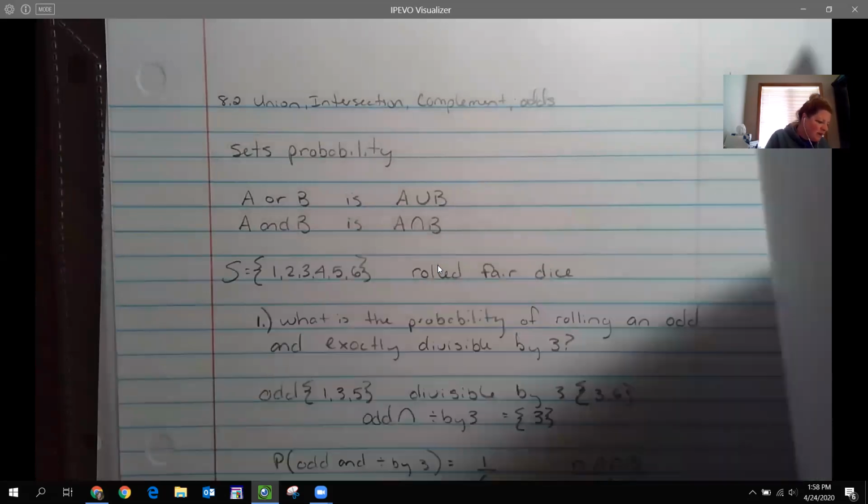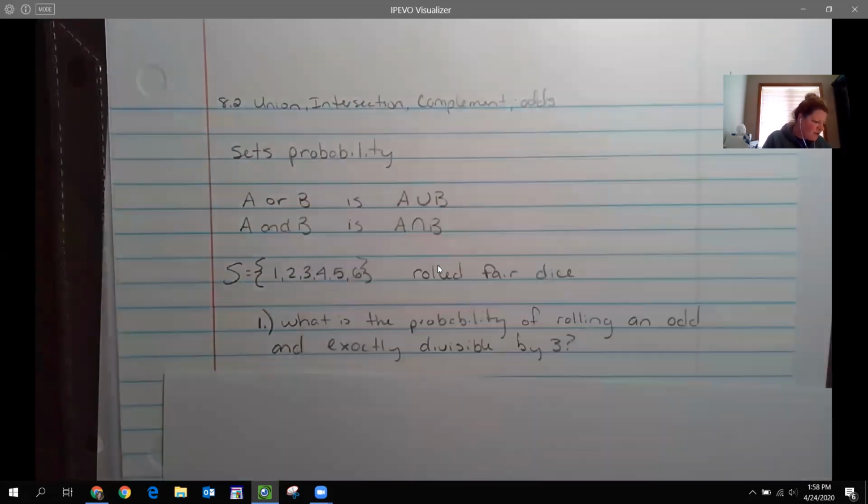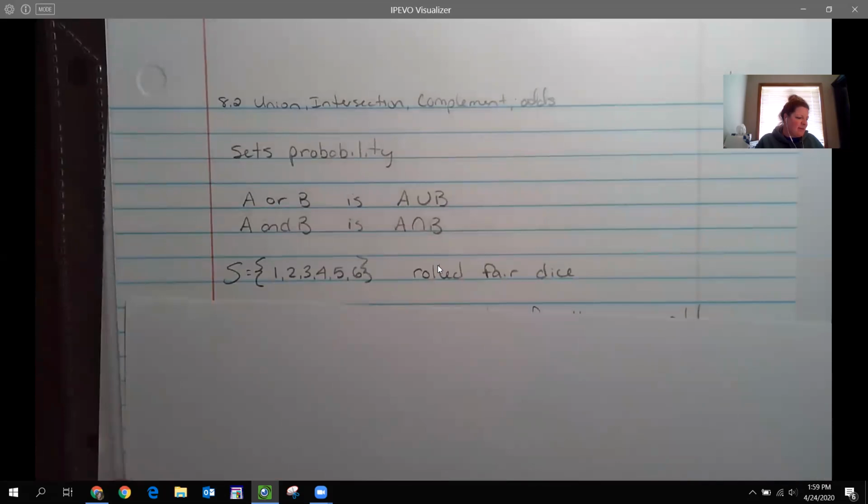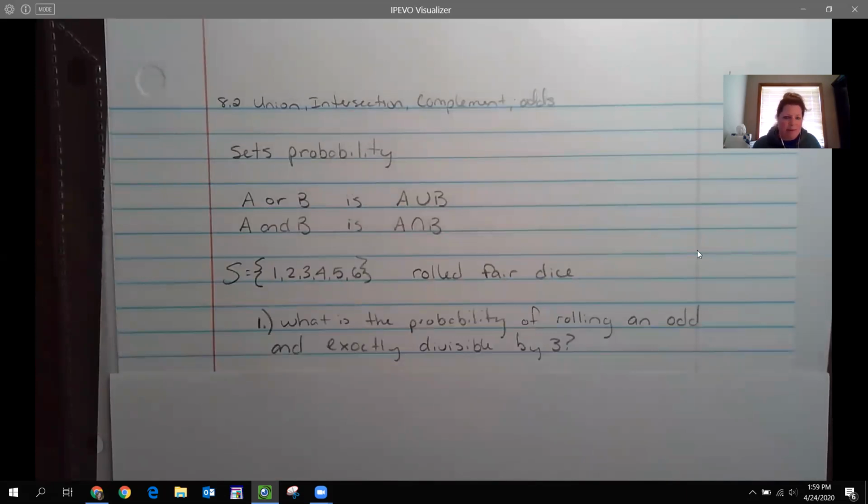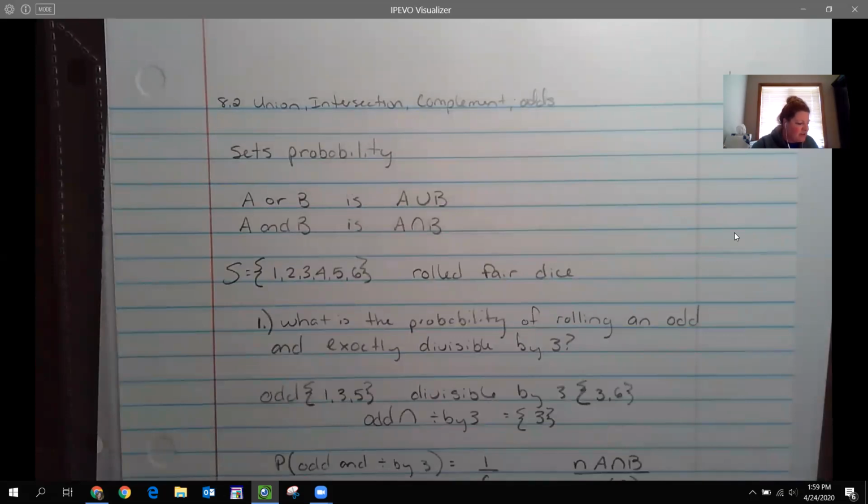Okay. So my first example, let's say my sample space is 1, 2, 3, 4, 5, 6, which is just a fair dice. I rolled a fair dice. What is the probability of rolling an odd and exactly something divisible by 3? So how am I going to do this?